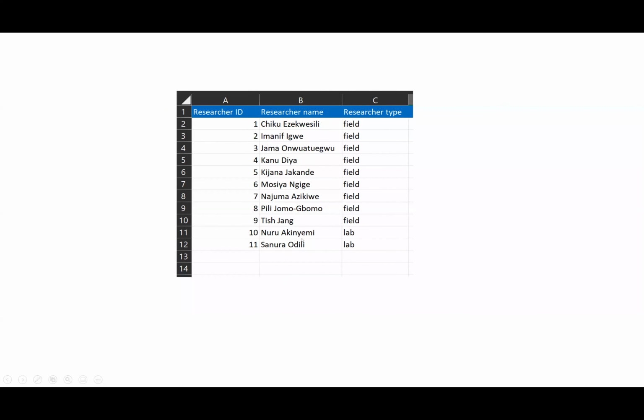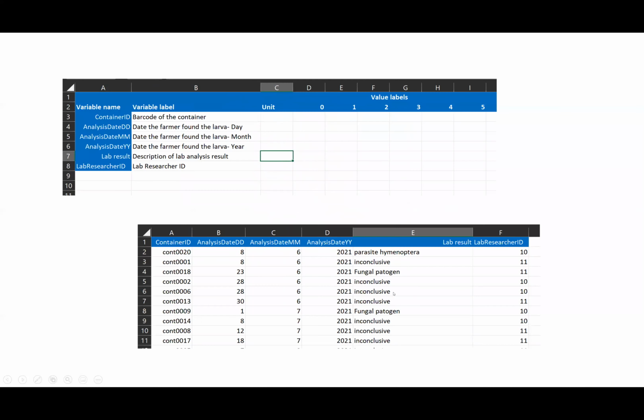Interesting, they decided to have the research ID as a separate table, with the research code, a researcher name, and the researcher type. So in this last one here that comes from the lab, we should have 10 and 11 as codes.